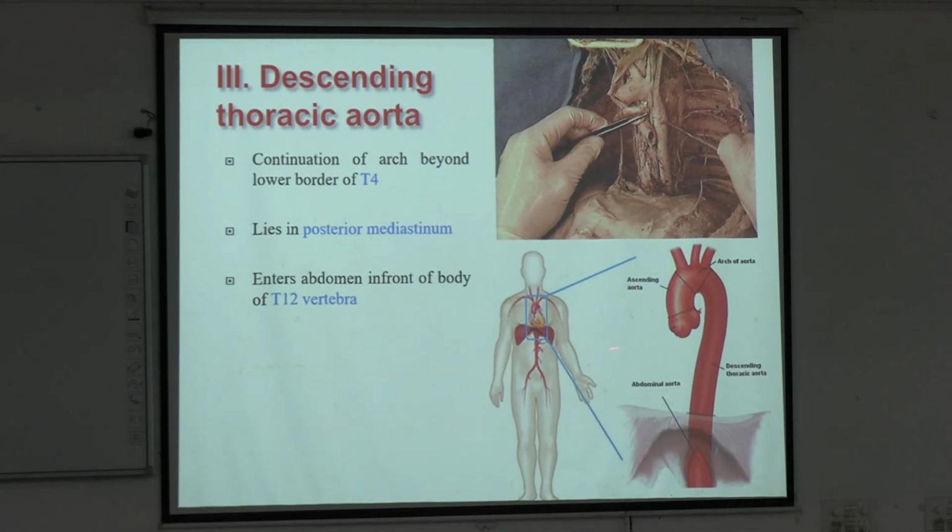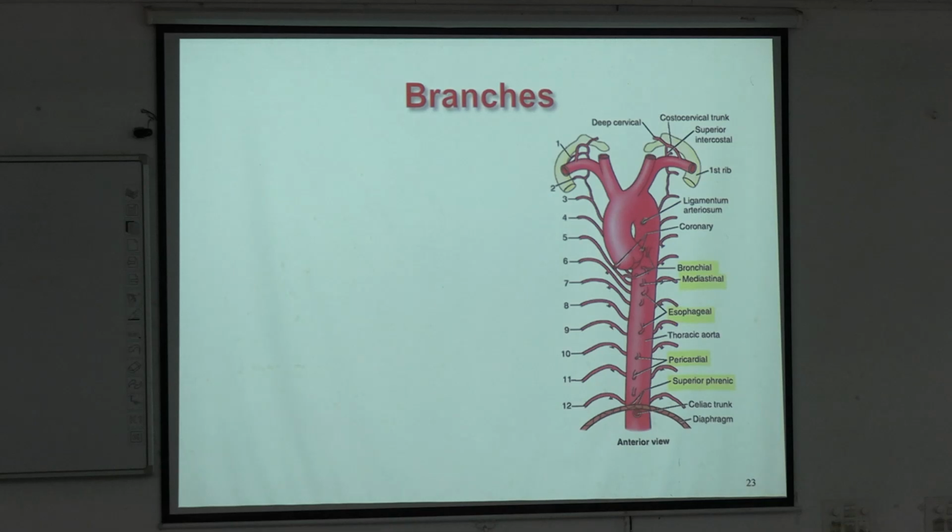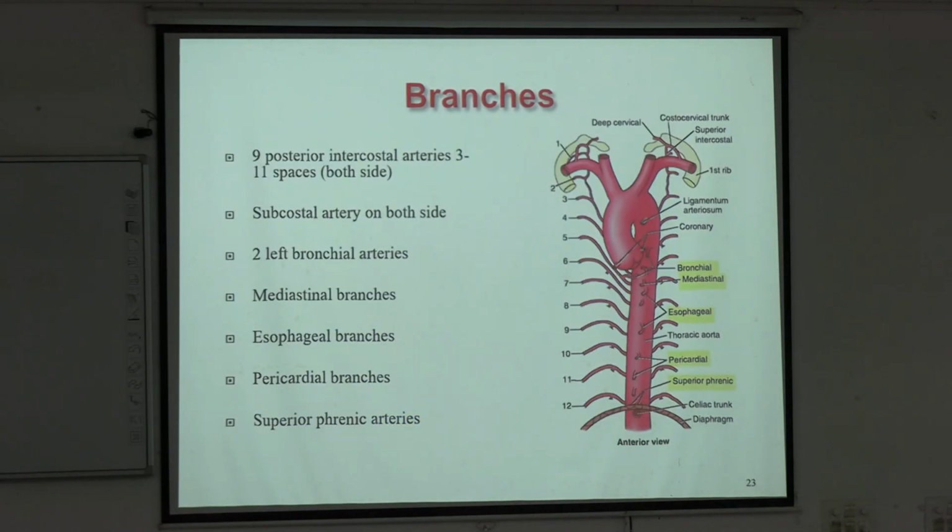This descending thoracic aorta gives some branches. We cannot remember all of them, but these are the branches we have seen. These are the intercostal or posterior intercostal arterial branches, which you have learned in the posterior intercostal spaces, given from the descending thoracic aorta.